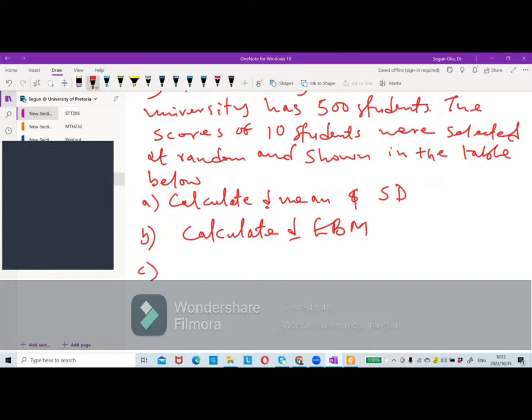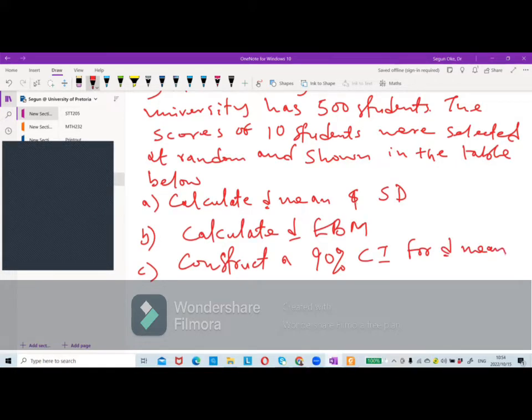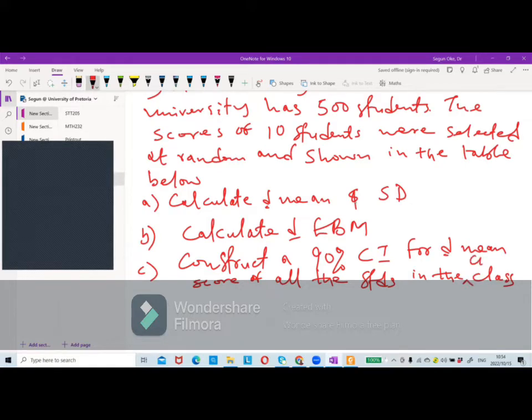C, construct a 90% confidence interval for the mean score of all the students in the chemistry class.